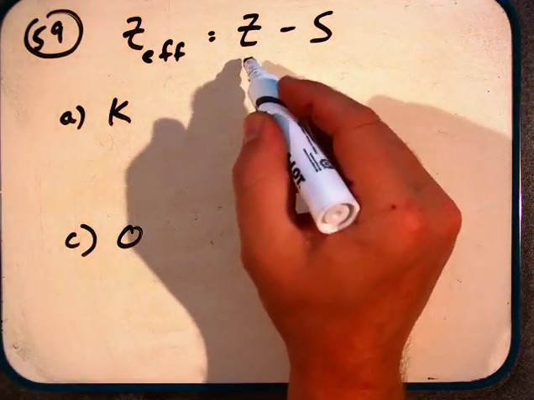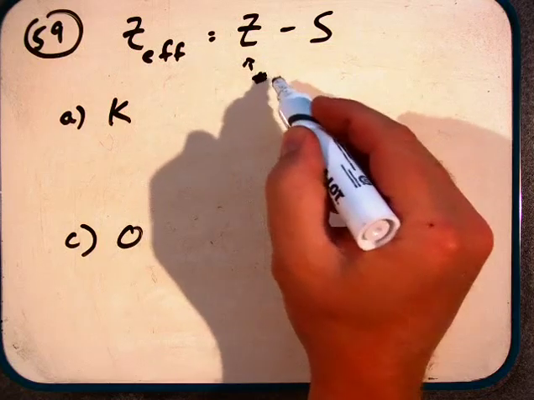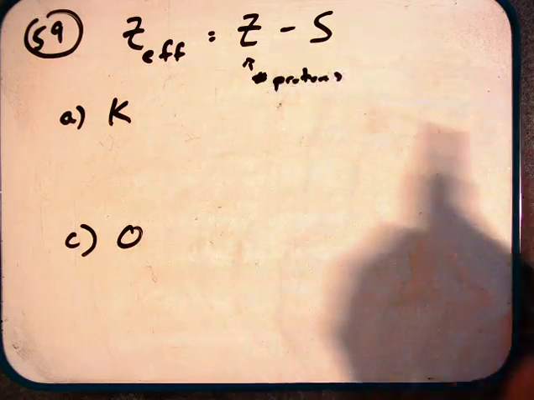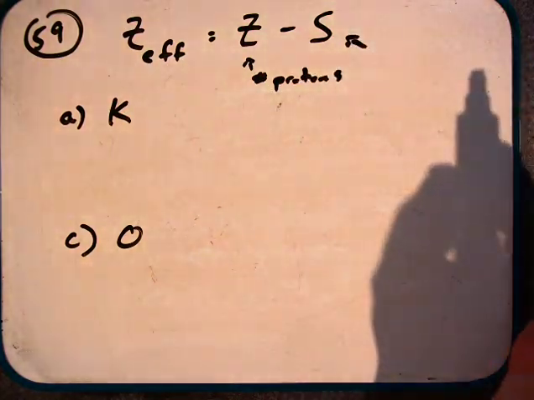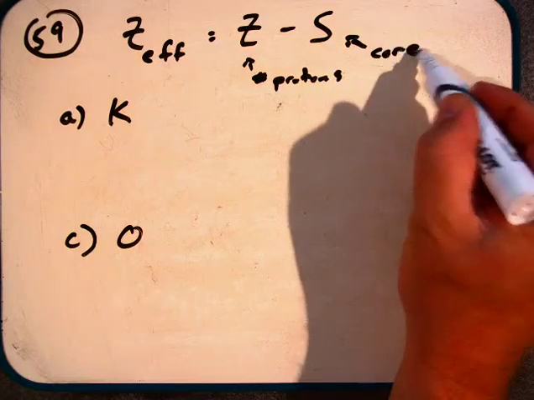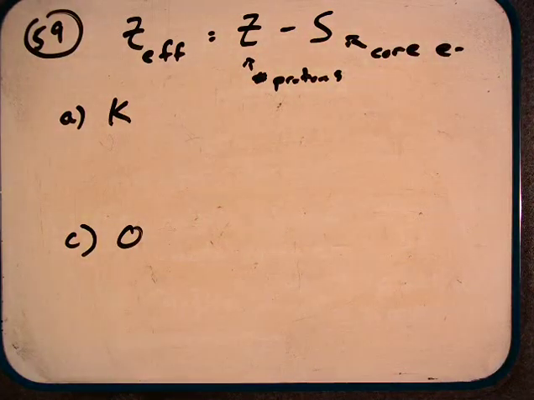So basically we have our number of protons that we get from the atomic number, or Z, and then we have our shielding electrons, which are really our core electrons, right? So these are the electrons that have already filled up a quantum level. And so the difference between the core electrons and the number of protons will then tell us what the outermost electrons in the valence shell, what is their effective positive charge that they actually feel.